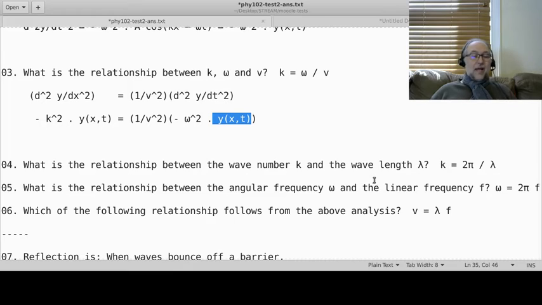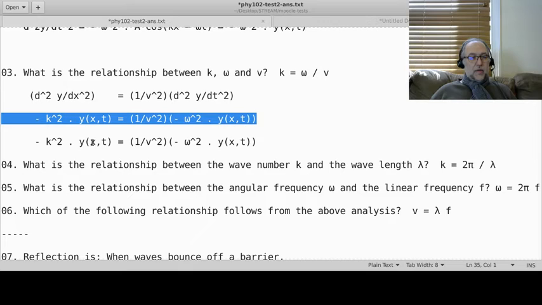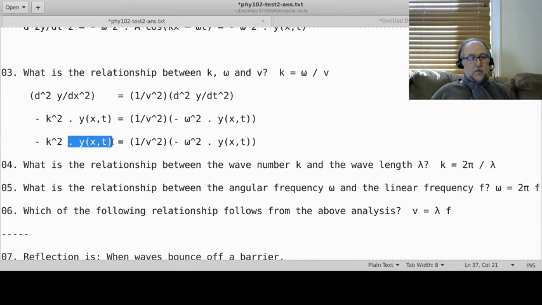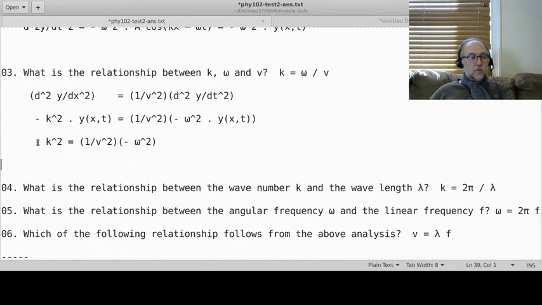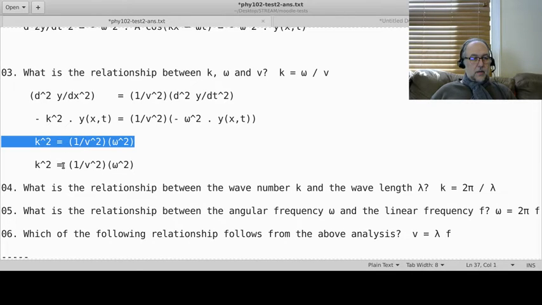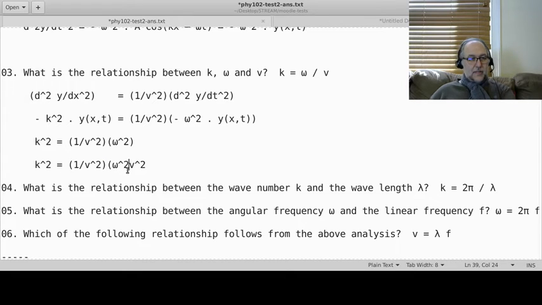Since this equality holds at all times and at all positions in space, you could just divide out the function y of x,t there and there. If you do that, this drops out and this drops out. Well, we're almost there. You'll notice both sides have a negative, so we can simply divide both sides by a negative. Now just to make this look a little nicer, let me divide by v squared on this side.